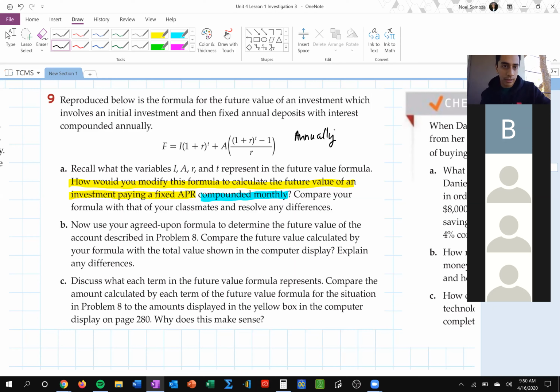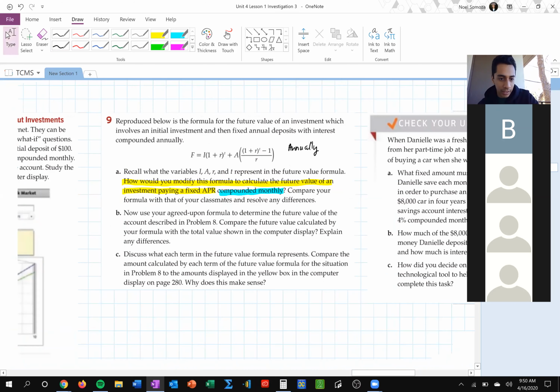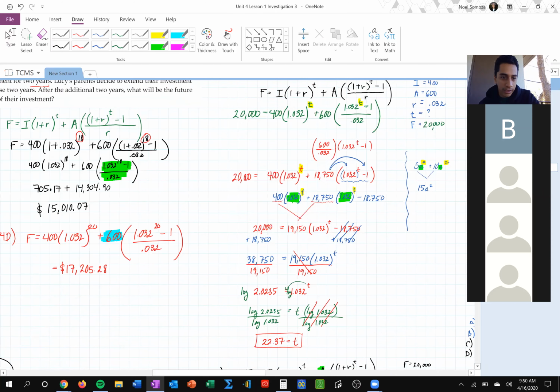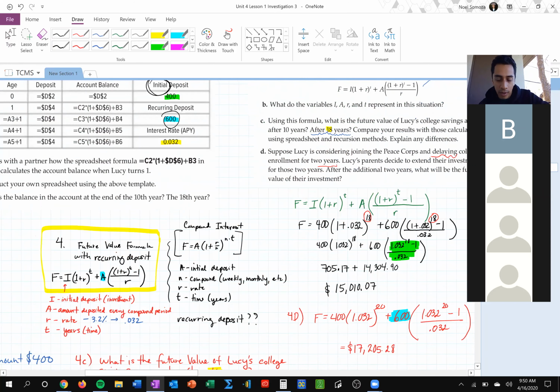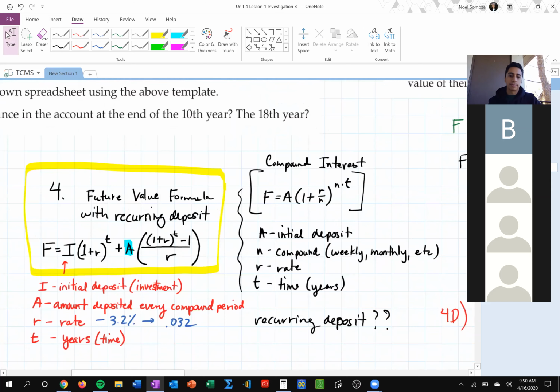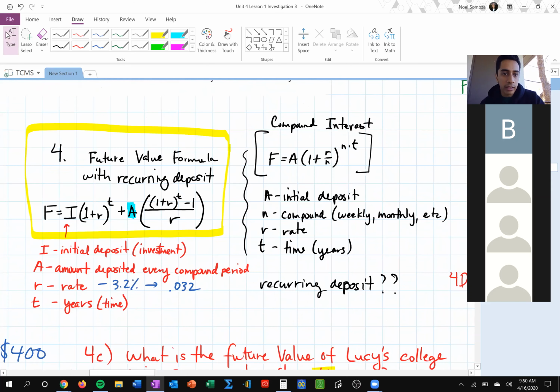Okay, so we're gonna take a trip back in time. And we're gonna take a look at how the compound formula is set up in a way to allow for compounding besides annually, right? So take a look here. The original compound interest formula, which we stopped using a while ago because it didn't give us the ability to find out what we would get with these recurring deposits, had this right here for us, right?